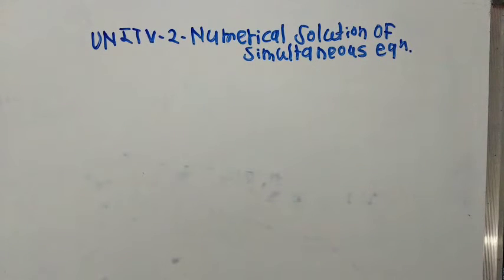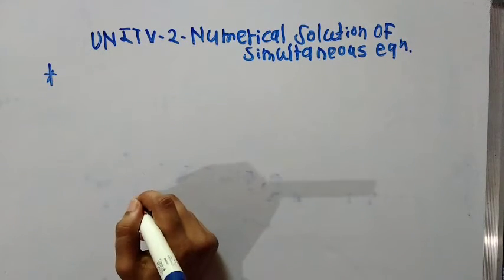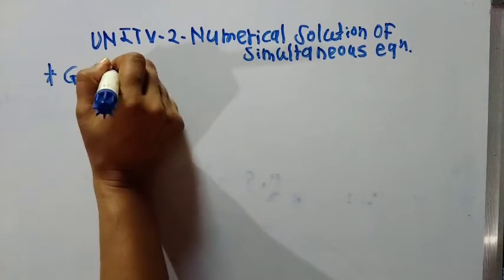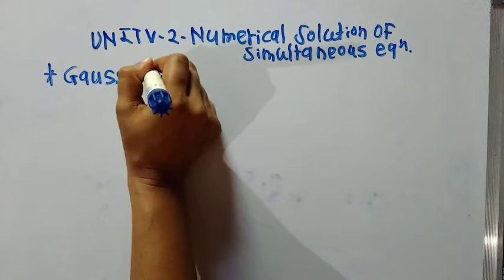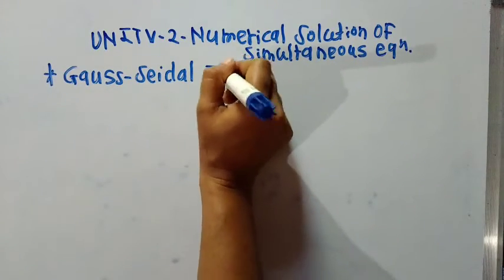So here the next method is the Gauss-Seidel iteration method.